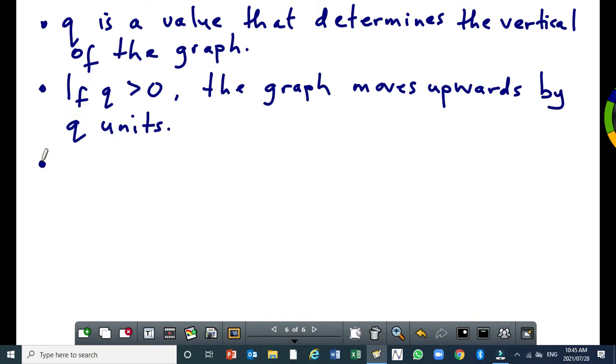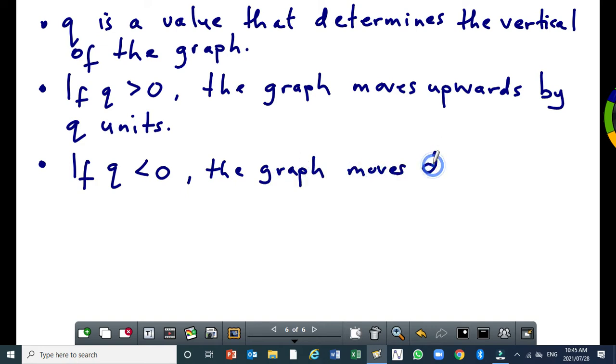Then, if Q is less than 0, the graph moves downwards by Q units.